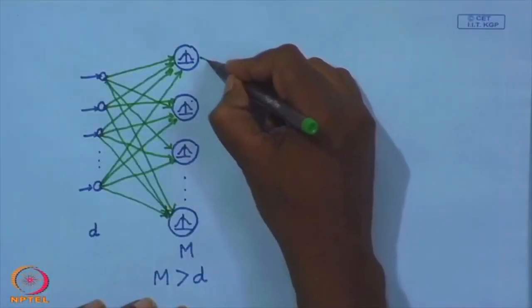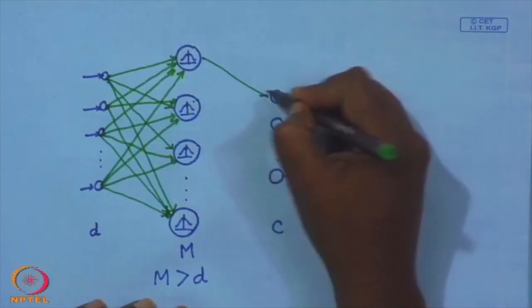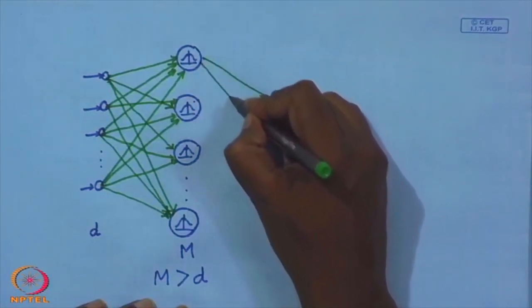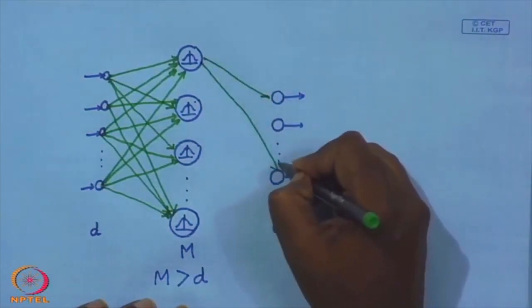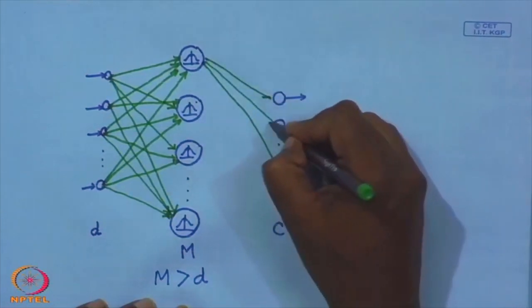That is a difference from the connections from the hidden layer to the output layer nodes, because every output layer node computes a linear combination of the outputs of the hidden layer nodes. So, the connection from the hidden layer nodes to the output layer nodes is something like this.